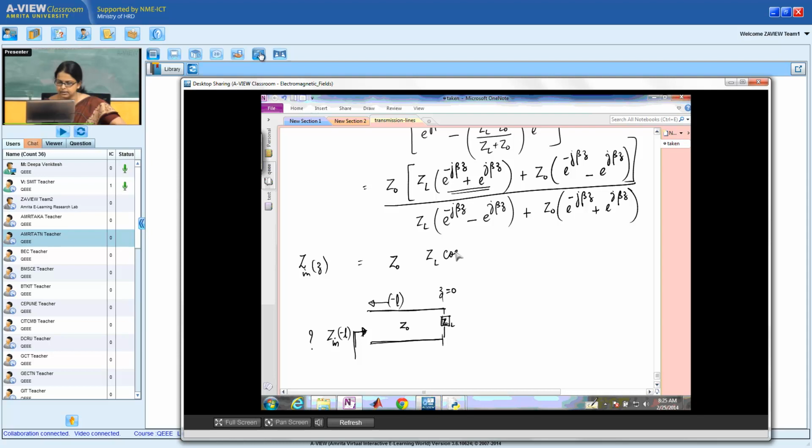Z naught times (ZL cos beta z minus j Z naught sin beta z) divided by (Z naught cos beta z minus j ZL sin beta z).